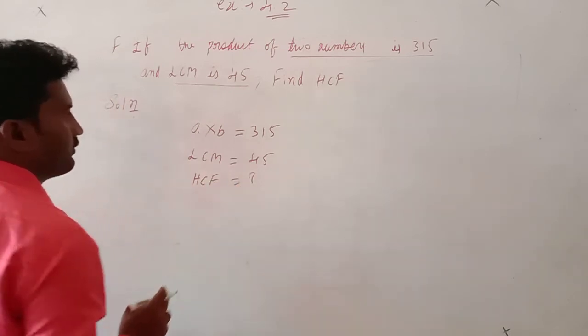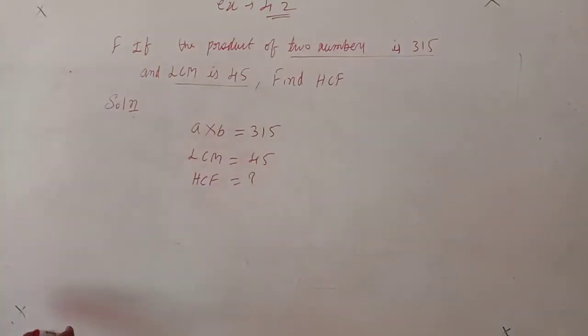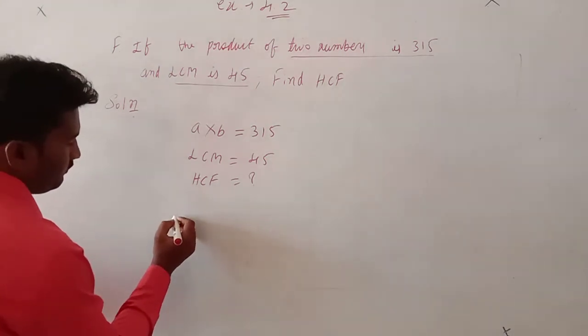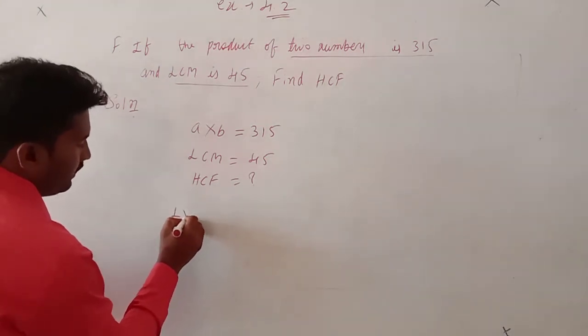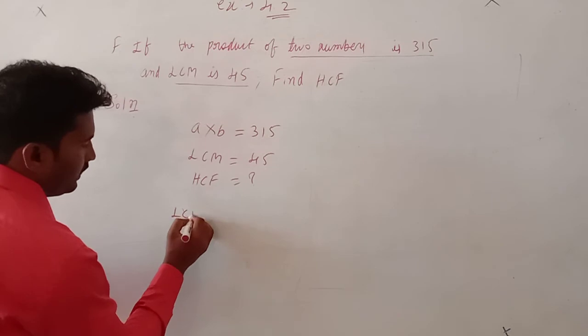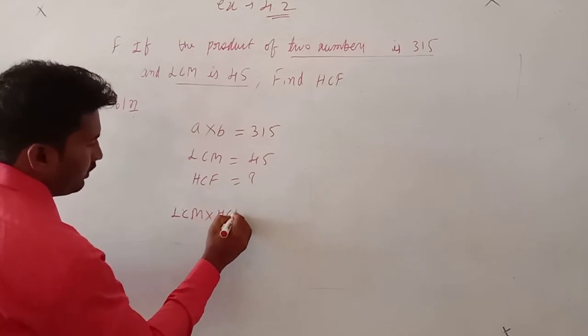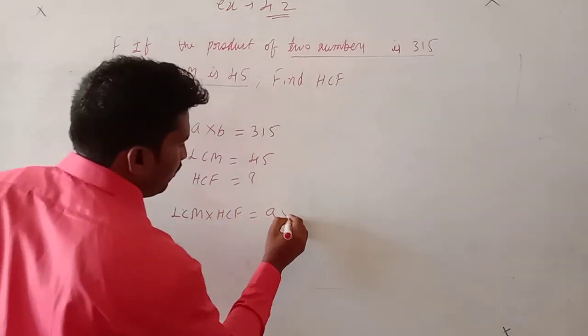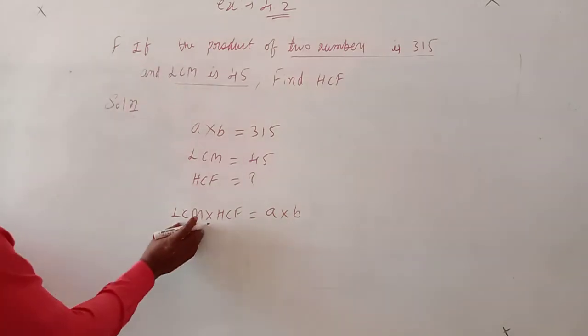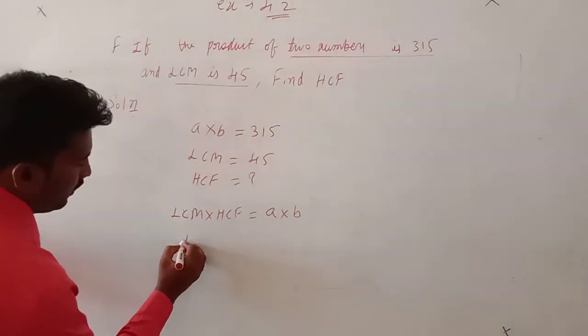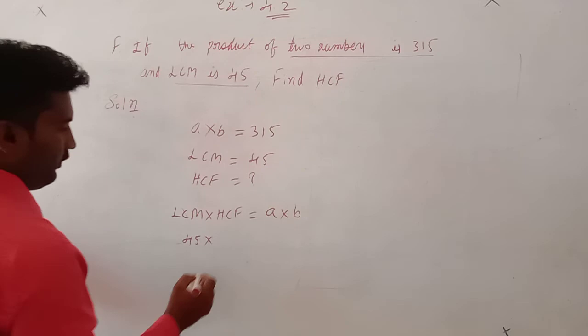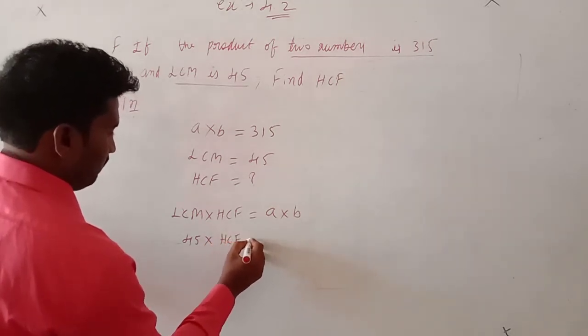We know the formula: LCM into HCF equals A into B. LCM is 45, HCF we don't know, so keep HCF as it is.